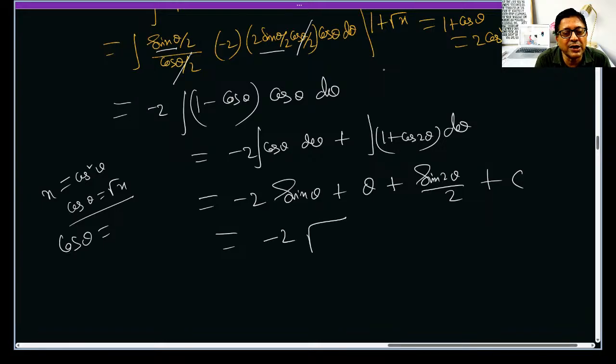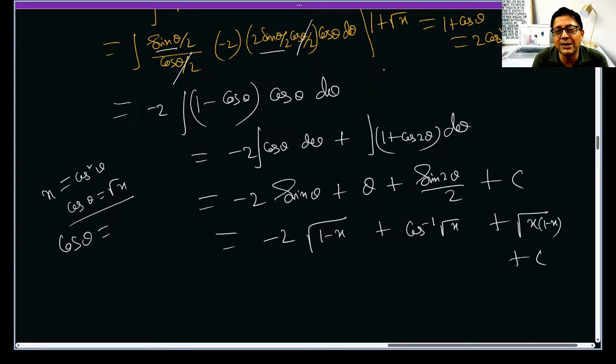So minus 2 sin theta is root over 1 minus cos square theta, 1 minus x. Theta is cos inverse root x. This is sin theta into cos theta, root x into 1 minus x plus c.